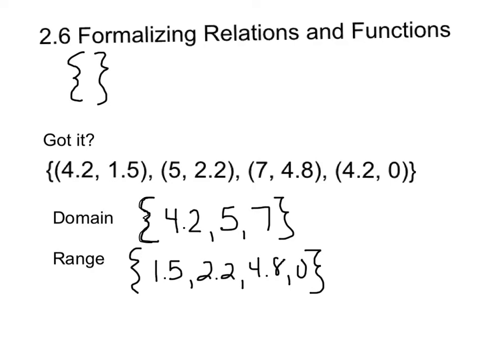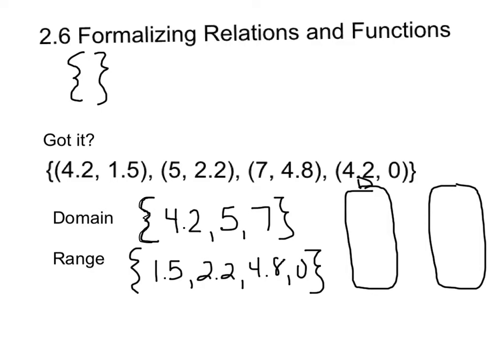Now when we map them, all we have to do is put all of your domain in one box and all of your range in the next. And I'm going to label them D and R for domain and range. Let's put the 4.2, 5, and 7 within that box.